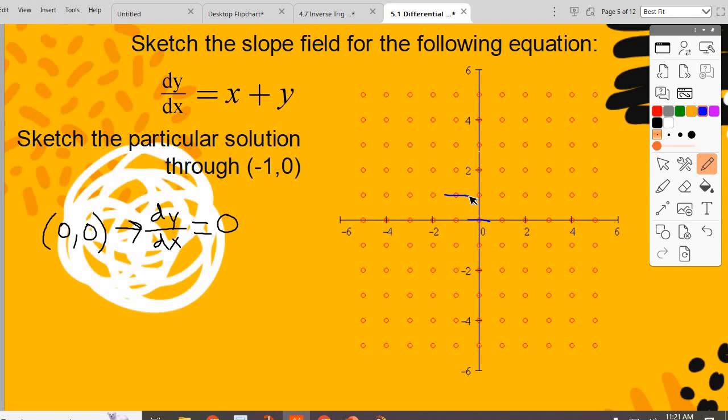If my x was -2 and my y was 2, we would get 0, and so forth, going along that y equals -x line. The same thing is going to be true when my x is 1 and my y is -1, and so forth. So again, just trying to generalize, think about what is going to give me 0, okay?